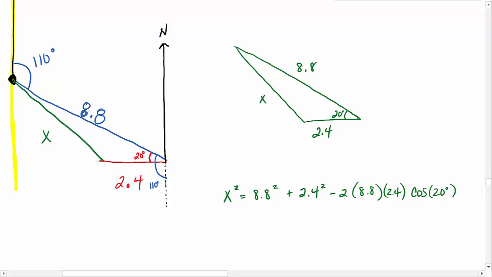And as I've done in previous examples and videos, I would probably just plug this all in my calculator at once, like already doing the square root, and then just know x equals the square root of all of that and just plug it into my calculator.